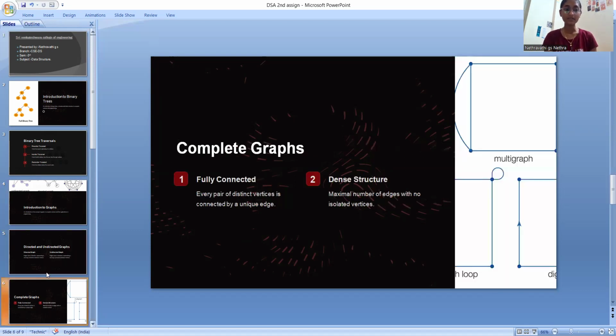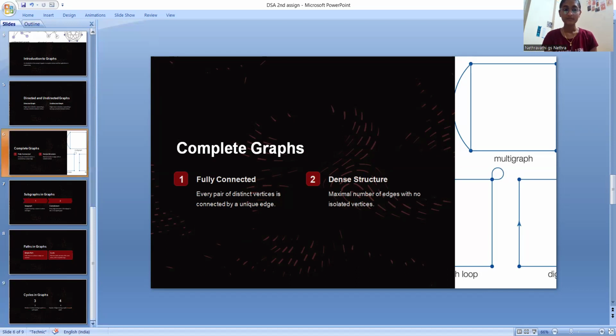In a complete graph, we have a fully connected and dense structure. In a fully connected graph, every pair of distinct vertices is connected by a unique edge. In a dense structure, there is the maximum number of edges with no isolated vertices. This is about fully connected and dense structure.